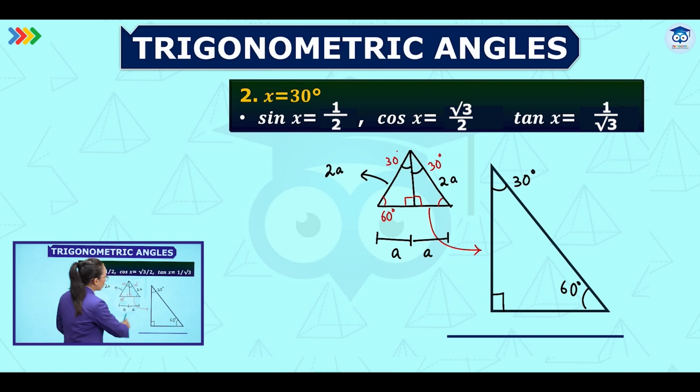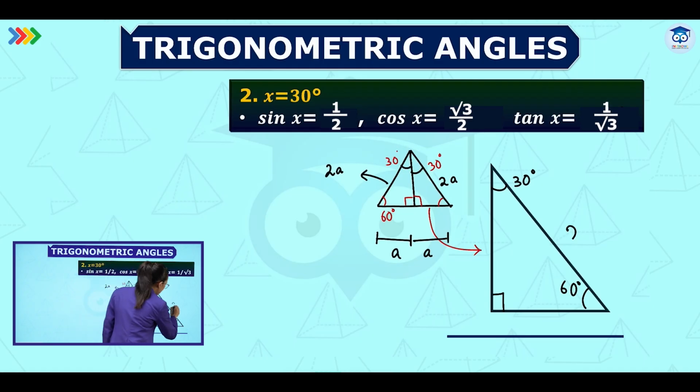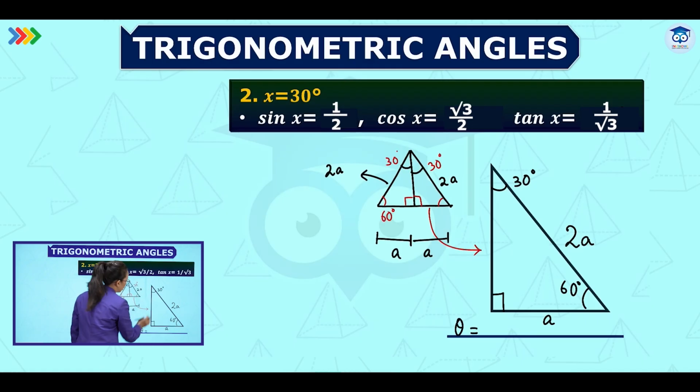So when we look at this particular triangle, we have this side as 2A, where A is any value, A is not 0. And then here in this case, we have this as A.